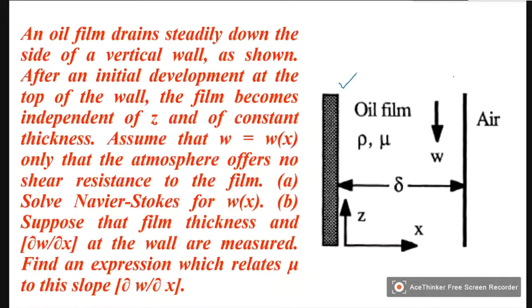This is only one wall. This is atmosphere. This is atmosphere. So the pressure here is atmospheric pressure. So that is the basic difference. So some oil is flowing like this.